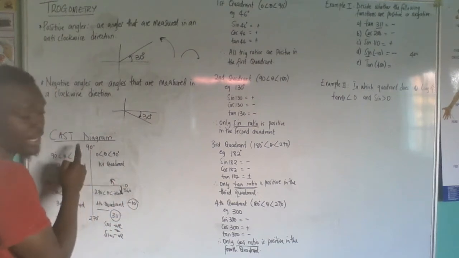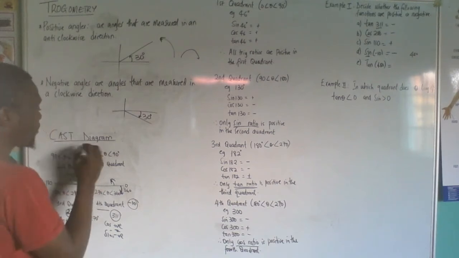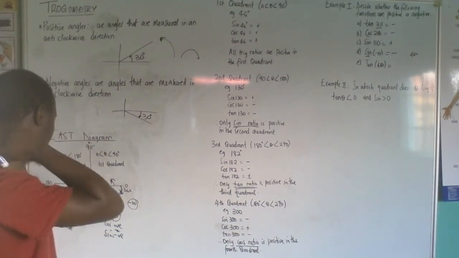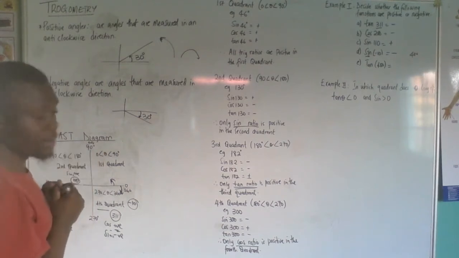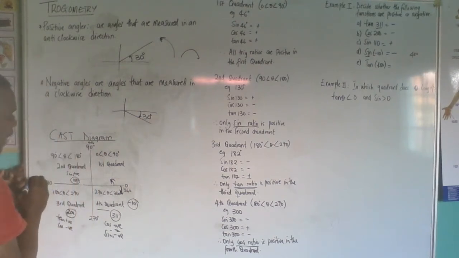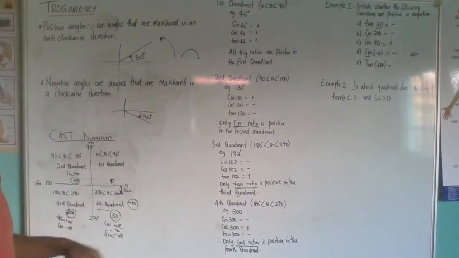We keep on adding 90 degrees. So I'll say 360 plus 90, then I'll come to 450. 450 plus 90, I'll get 540, like that. And then continuously like that, I'll keep on adding plus 90, plus 90.